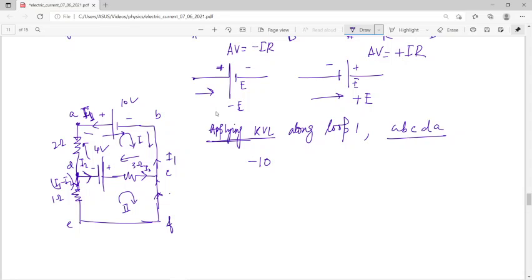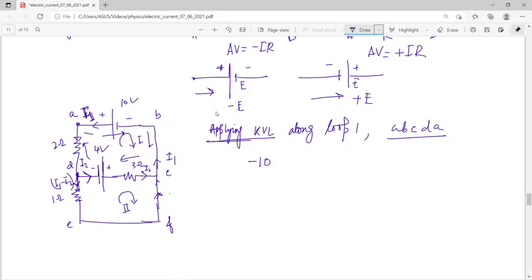so what I am saying is that when a resistor R is traveled in the direction of current, the potential difference across the resistor may be taken as negative.